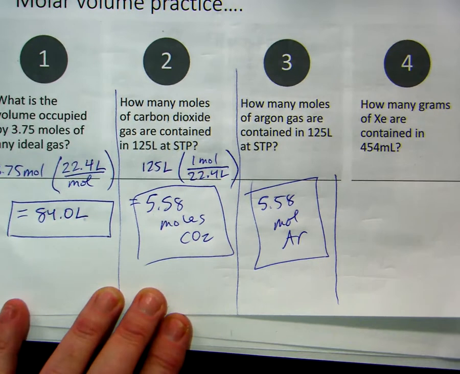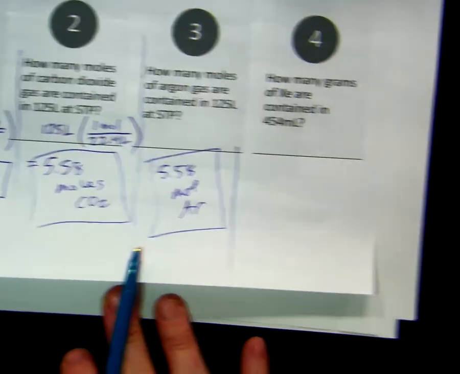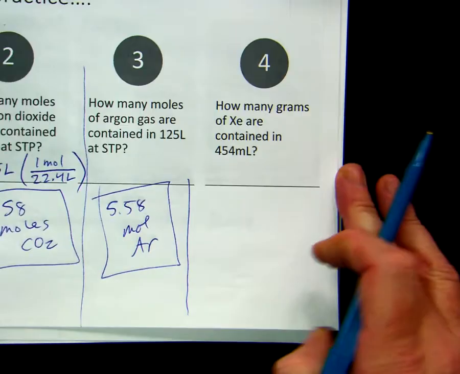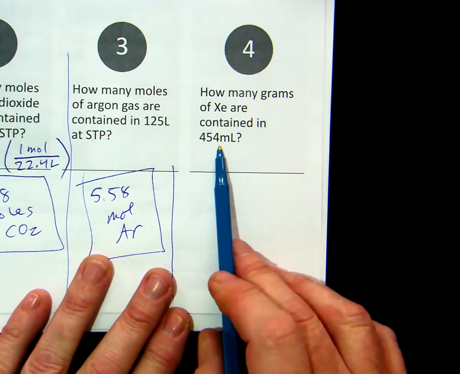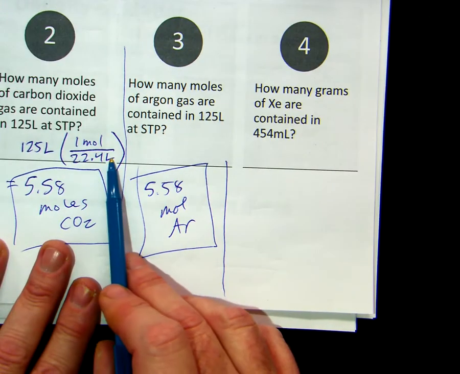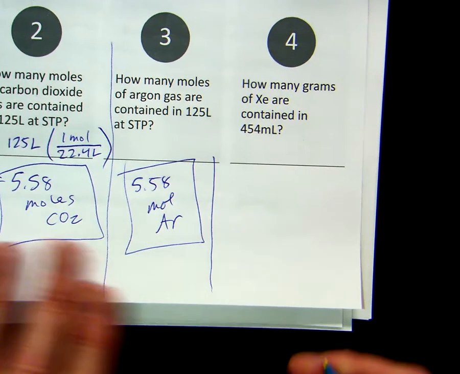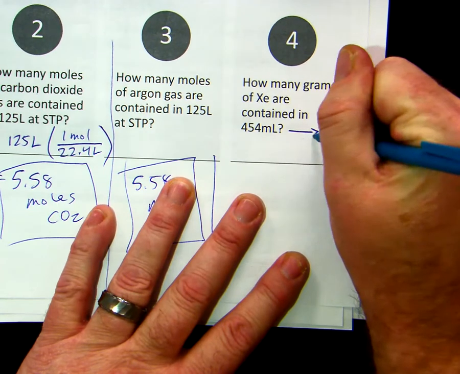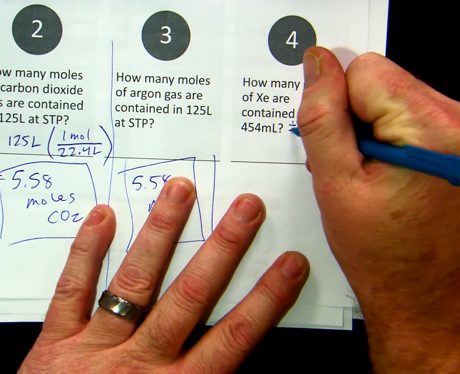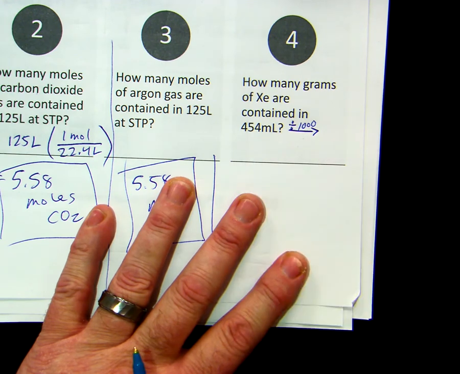Okay, well that one was easy. Now this next one has an extra step. So we saved a step there, we get an extra step here. How many grams of xenon are contained in 454 milliliters? Well, notice our conversion here specifically has liters. So milliliters are no good to us. Not to spend much time talking about the metric system again, but I have to divide by 1,000 to convert that to liters.